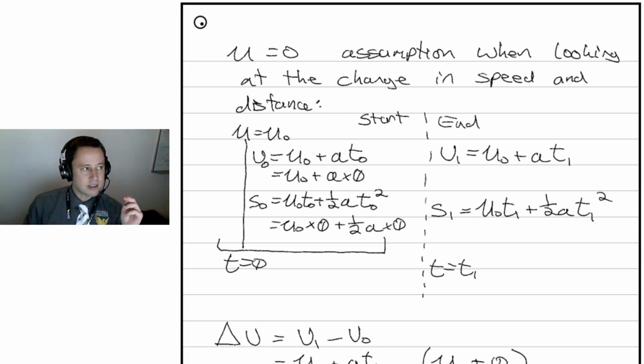That's really important to understand. I've heard discussions previously where there's a misconception there. So it's going to be our initial velocity plus our acceleration times how long we accelerated for, time. Our displacement is going to be our initial velocity times our new time plus half at squared.